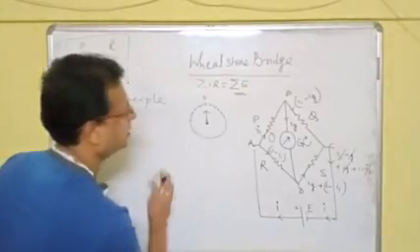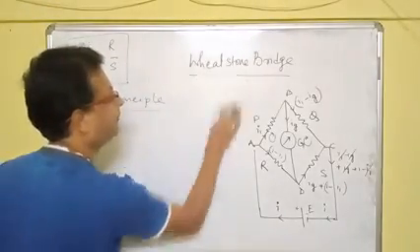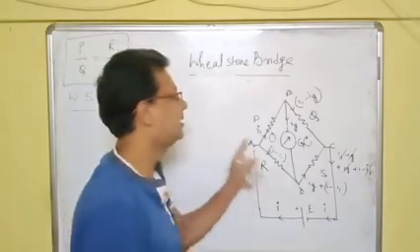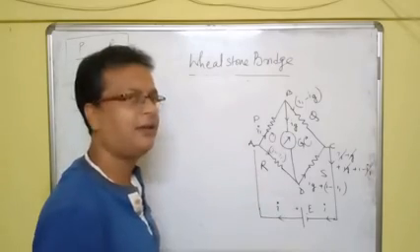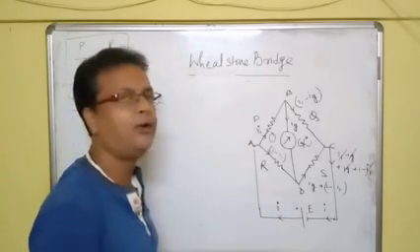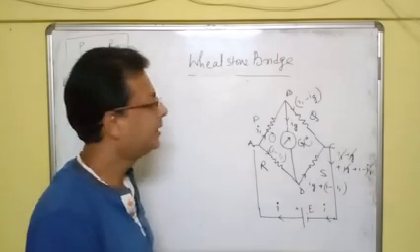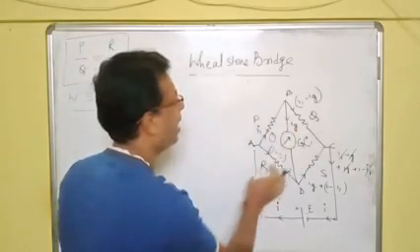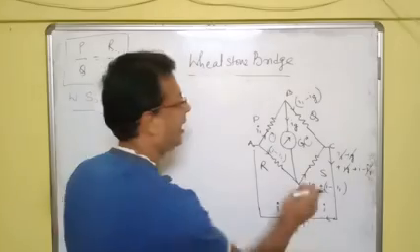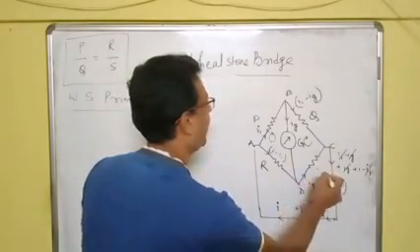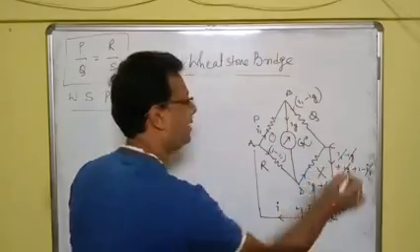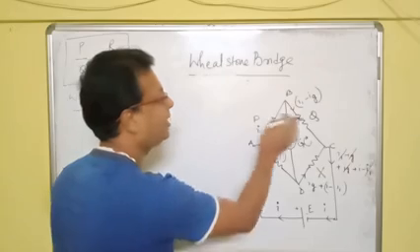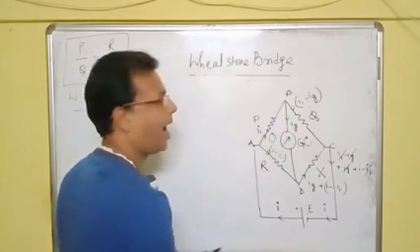What is the importance of the Wheatstone bridge? The importance of the Wheatstone bridge is that it can give the measure of an unknown resistance. Now you see, if we have three resistances P, Q, R as known, and the fourth one, say X, is an unknown resistance, we have three known and one unknown resistance.